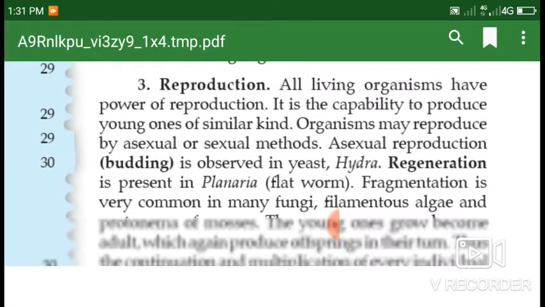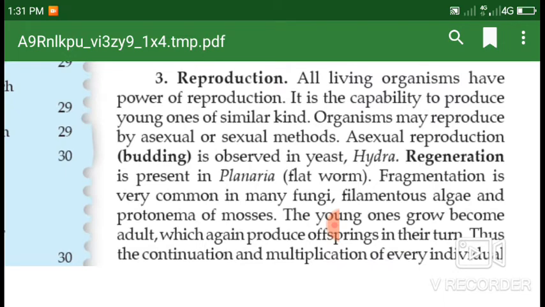So reproduction is a characteristic of living organisms, but it is not a defining characteristic, because some living organisms do not have the ability to reproduce.